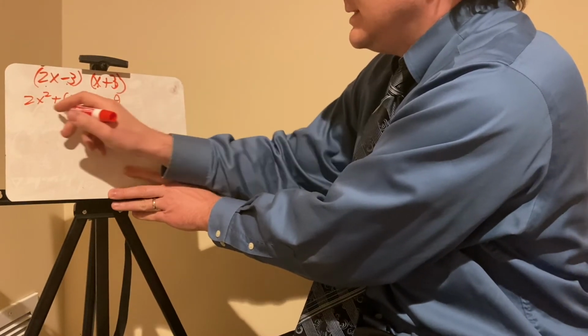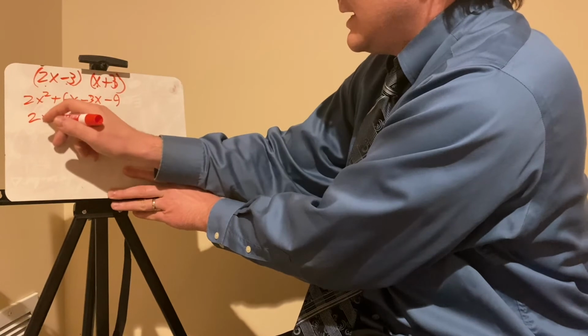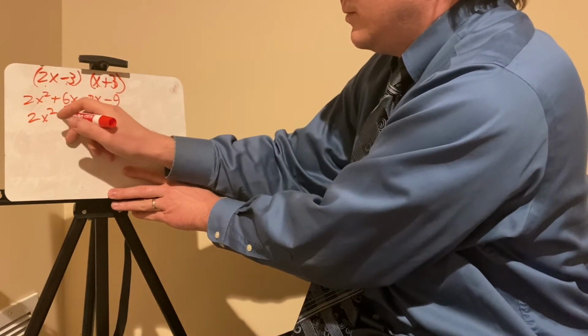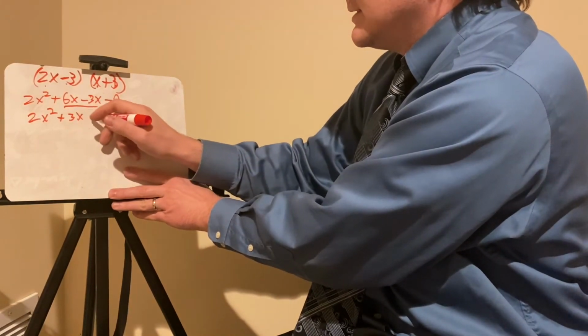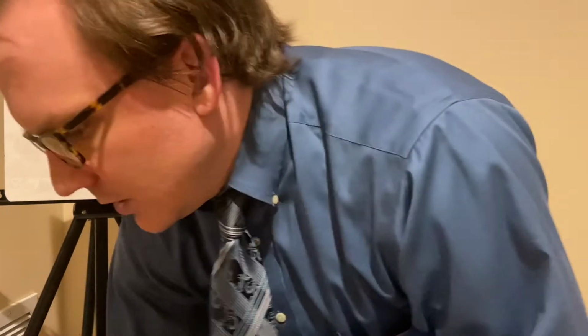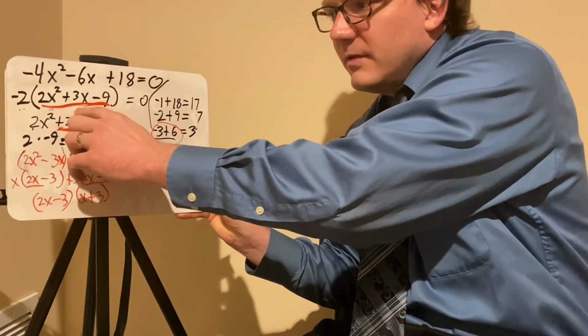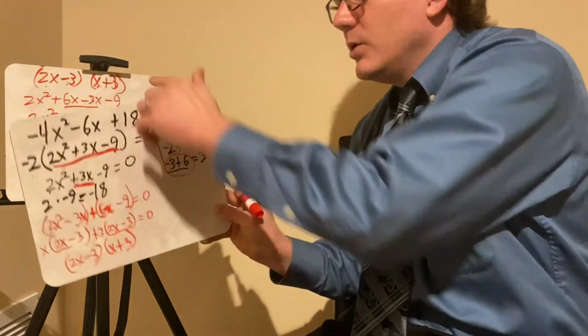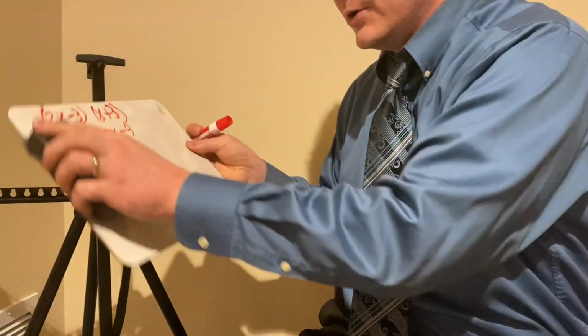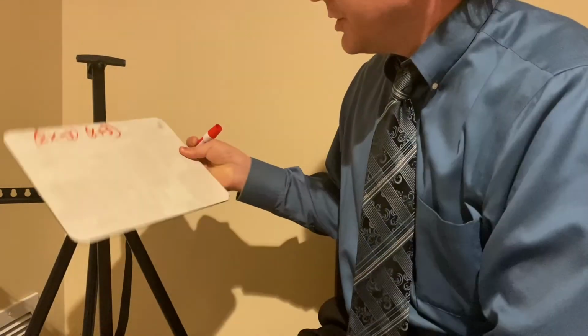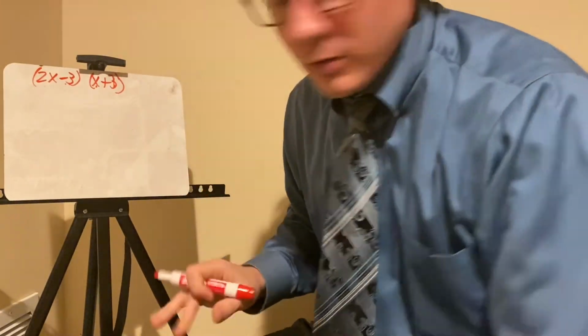Combining like terms, I get 2x squared plus 3x minus 9. That is the original simplified version of this, so these factors are correct. I would just multiply them by negative 2 to get back to the original quadratic.